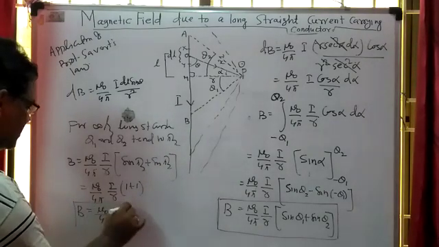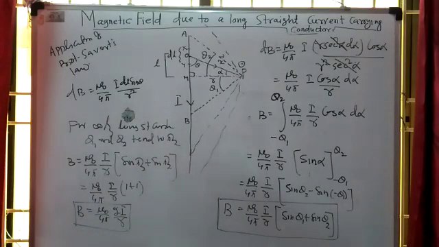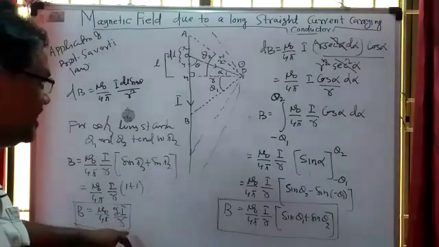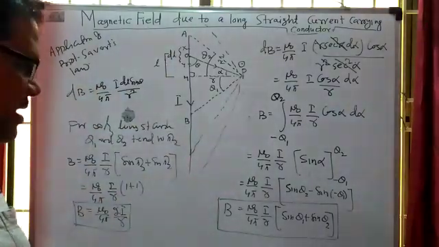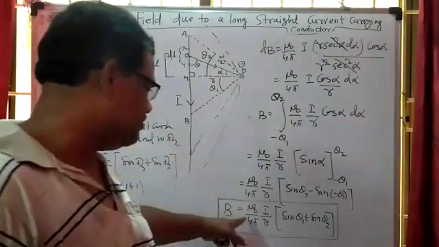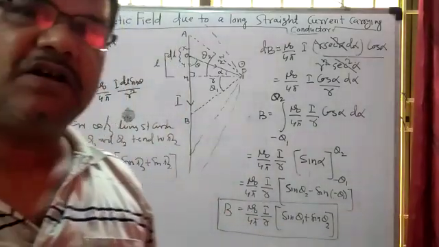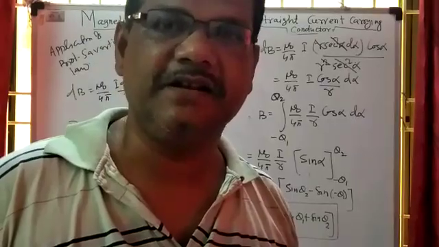This is the required expression for an infinitely long straight conductor. If the current carrying conductor is finite, we have to use mu naught by 4 pi I upon r into sin theta 1 plus sin theta 2. This is all about the expression for the current carrying conductor. Thank you.